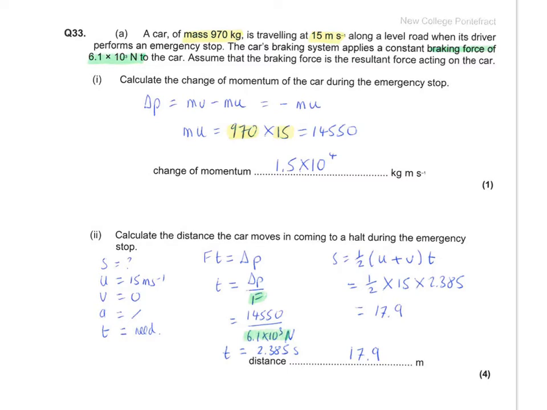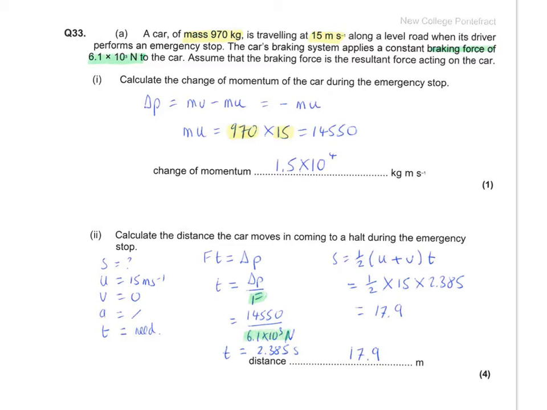So looking back to the question and the information given, we are told the force that acts upon the car. We also know the mass of the car, and using the initial velocity we can find the initial momentum. So we can use impulse, force times time, equals change in momentum. Rearranging to find the time, during the braking we have change in momentum divided by the force.